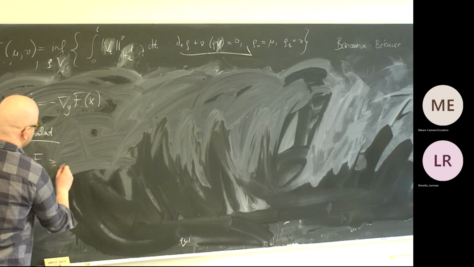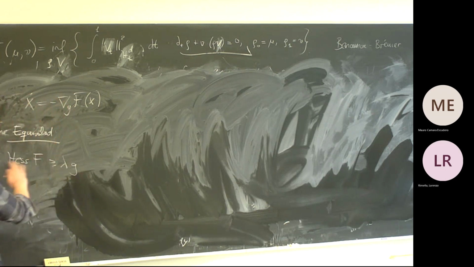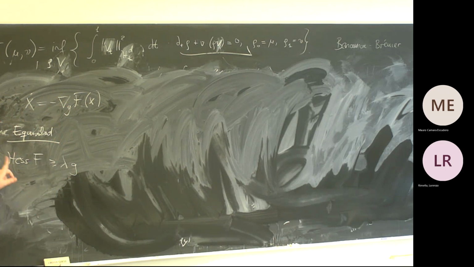The Hessian of f is bounded below by lambda times the Riemannian tensor. In R^d, this just means that the lowest eigenvalue of the Hessian is at least lambda. So this is a convexity requirement on f.